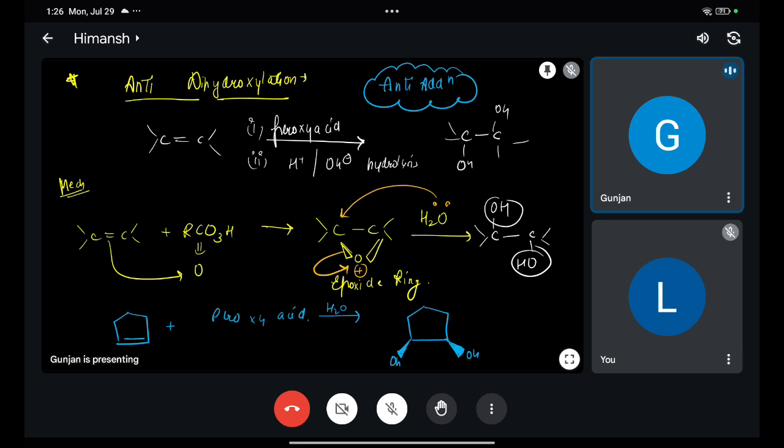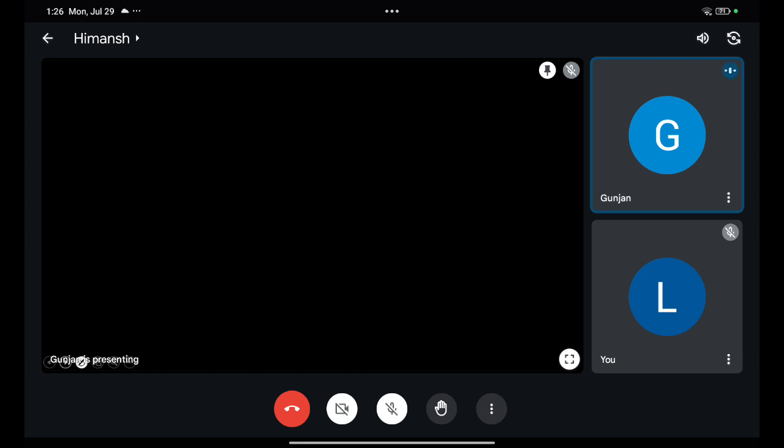We can now move on to another type of reaction, which is ozonolysis. Ozonolysis is very important, very important. It is of two types, oxidative and reductive. Let's discuss the two. We are having an alkene.